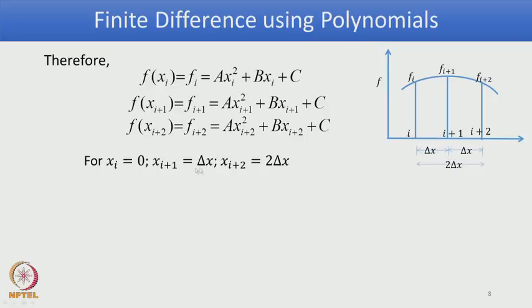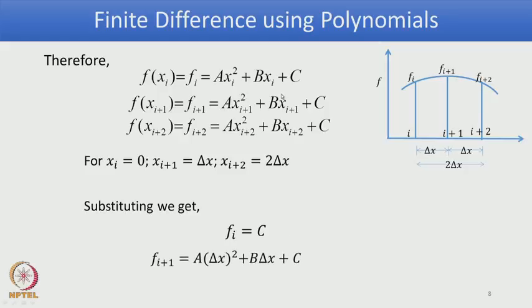If you substitute these values, that is x of I plus 1 and x of I plus 2, in this expression, we get 3 equations for 3 coefficients a, b, c. On substitution, x of I is equal to 0 for the first equation, so a and b go to 0, the remaining term is only c, and that is directly related to f of I, as f of I is equal to c. Then for the second equation, f of I plus 1 equals a delta x squared plus b delta x plus c.